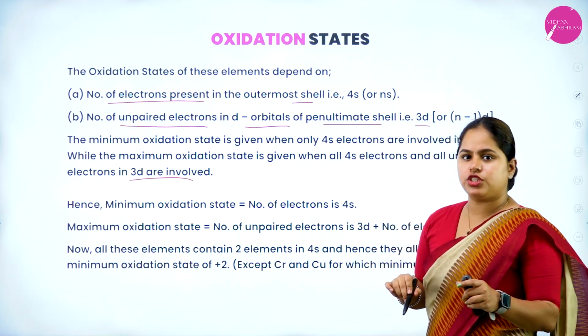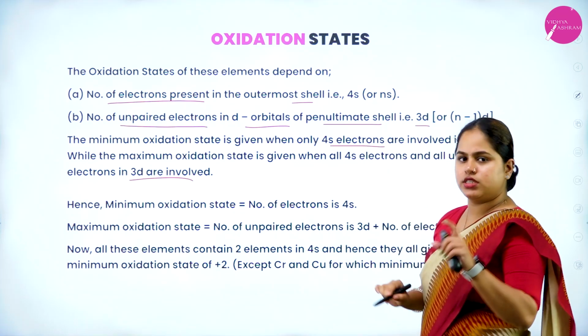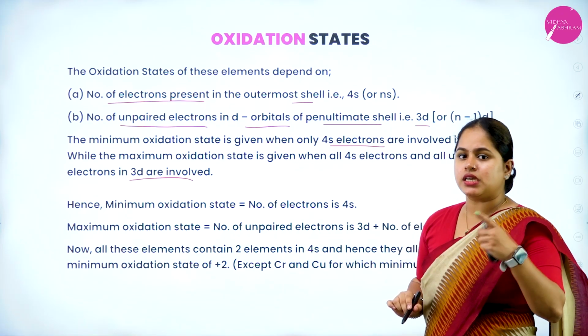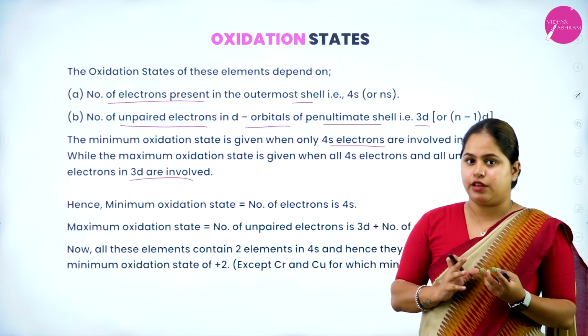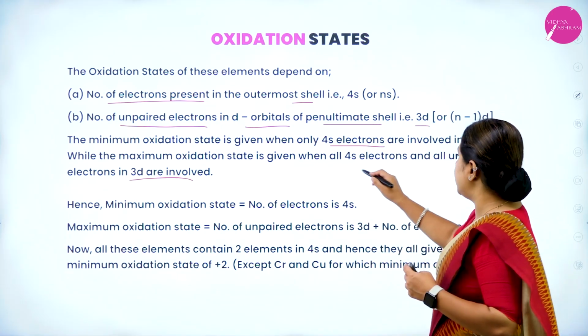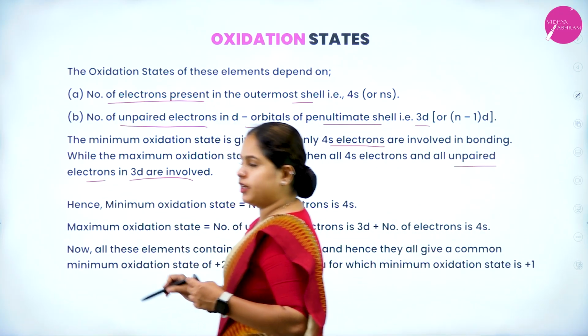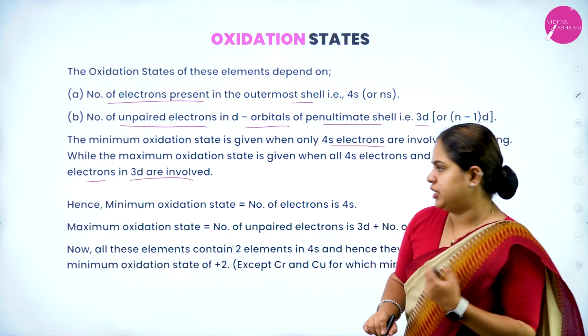Minimum oxidation states are shown by the ones in which only the 4s electrons are involved. Another one is unpaired electrons in d orbitals. If the 4s orbital is completely filled, as well as the 3d has all the unpaired electrons, then we can say that it is having the maximum oxidation state.